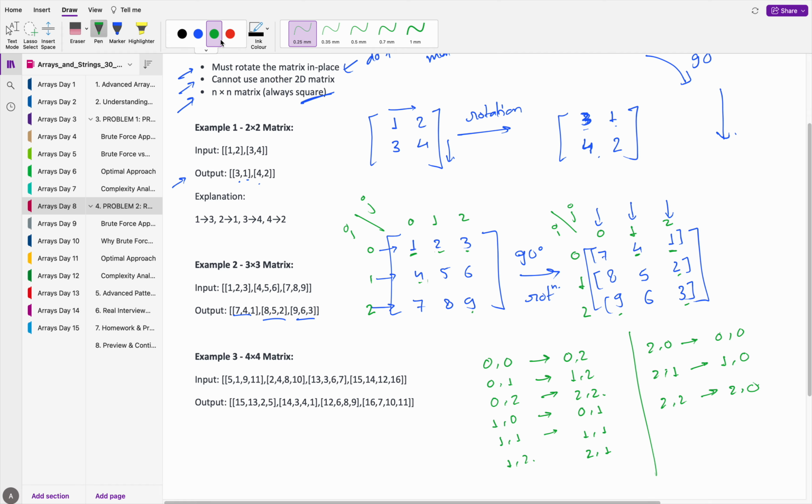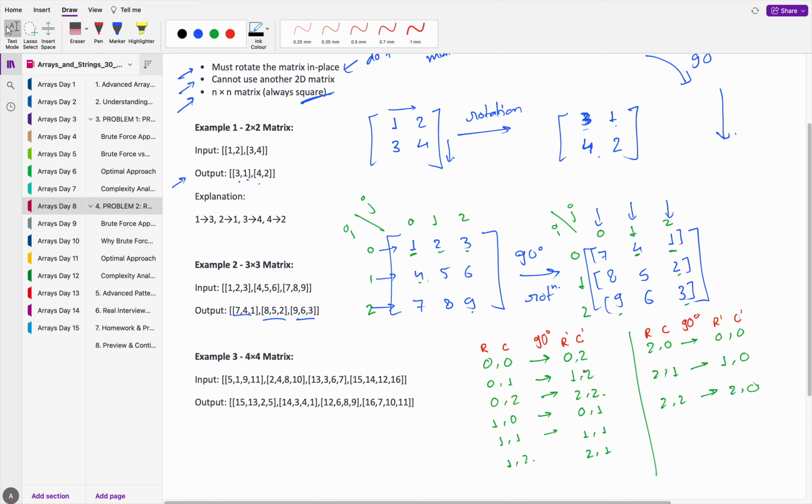So if you look at the pattern, after a 90-degree rotation, this is row, this is column, this is new row, this is new column. R dash, C dash: initial and final row and column values. You can see where the value of row has gone to: columns 0 2 2 1.